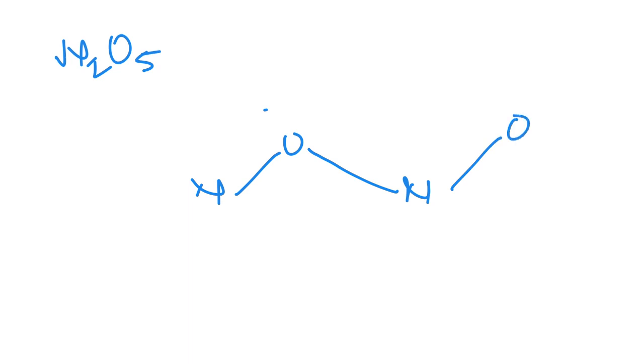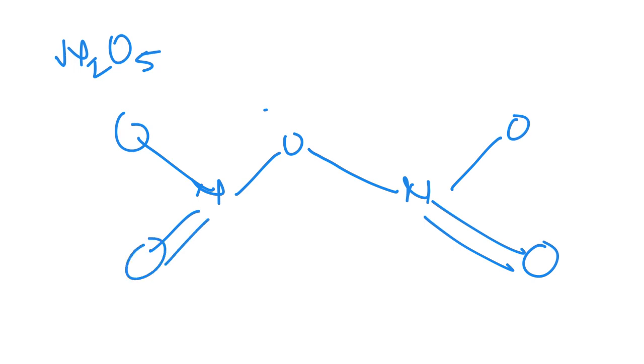Then again the same structures: double bond O, single bond O on each side. Draw the lone pairs of electrons on each oxygen atom. So this is N2O5. These structures are very important, children. You must go through them.